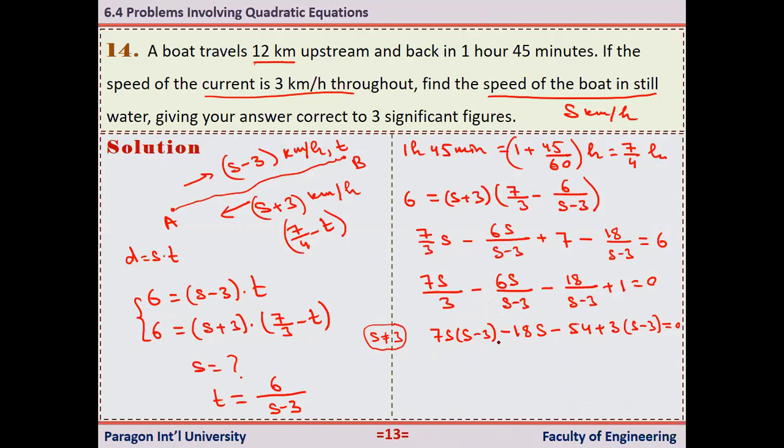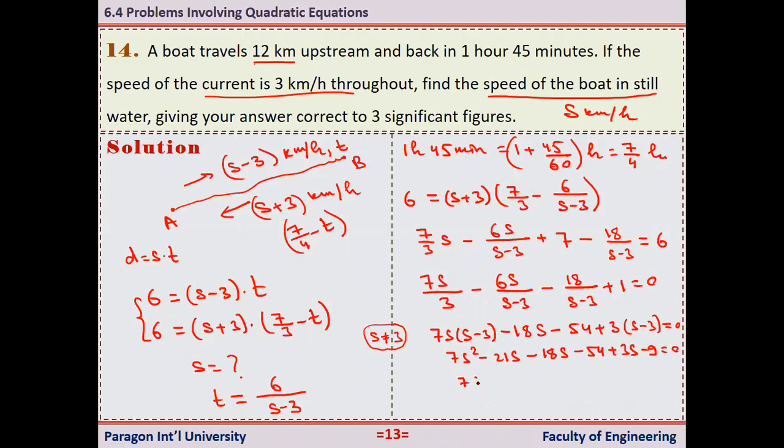Now if you expand and simplify this, we have 7s squared minus 21s minus 18s minus 54 plus 3s minus 9 is equal to 0.